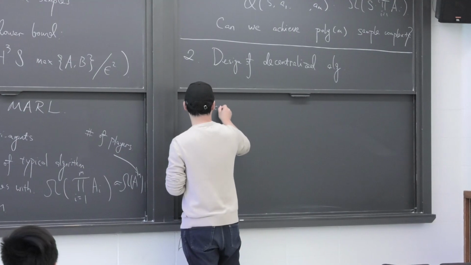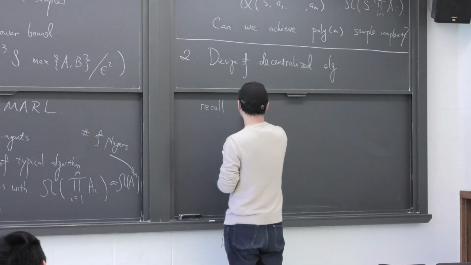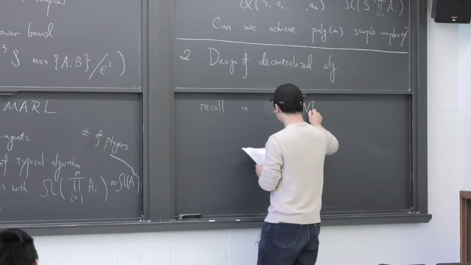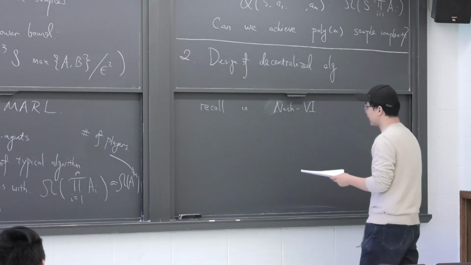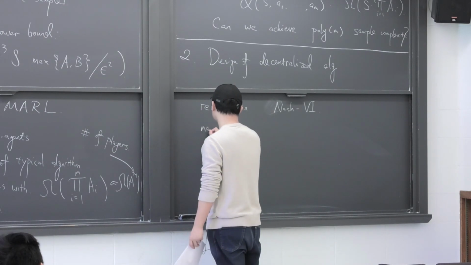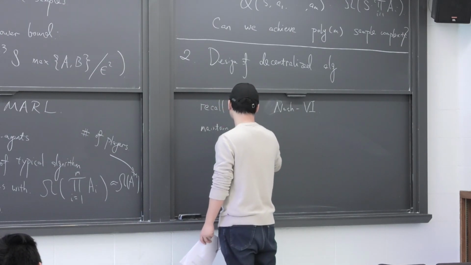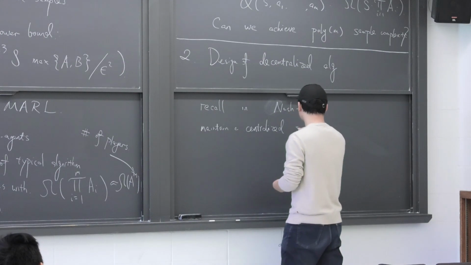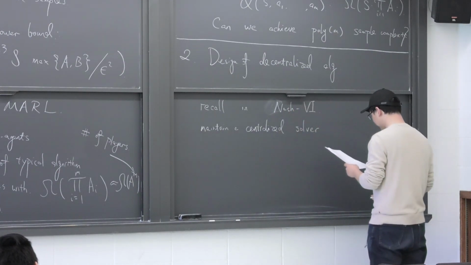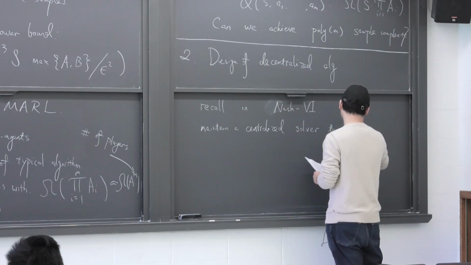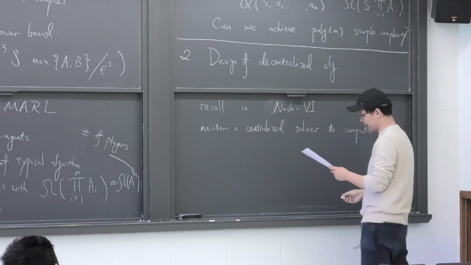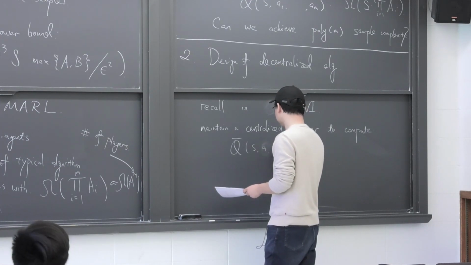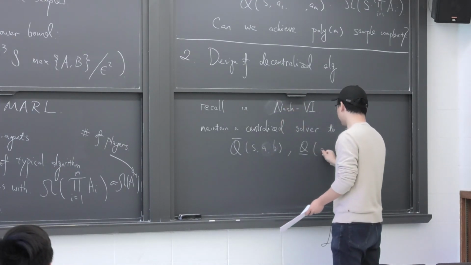Also, just recall that in something like VI-UCB or Nash value iteration, we need to maintain a centralized solver to compute the joint Q value, something like Q upper bar(s, a_1, a_2) and Q lower bar(s, a, b).